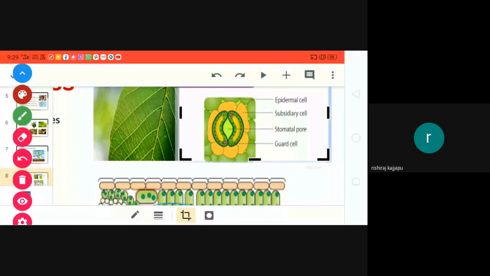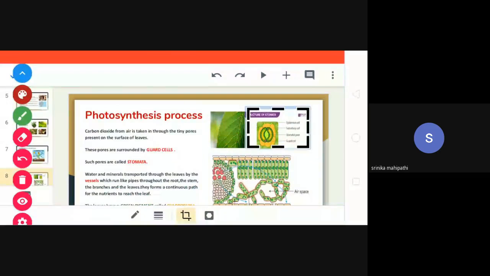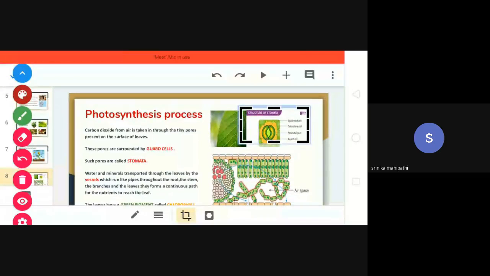Sir, please can you explain it once again about stomata? Definitely. So, what is stomata? Small tiny pores present on the surface of the leaves.